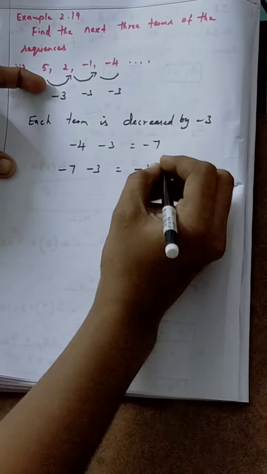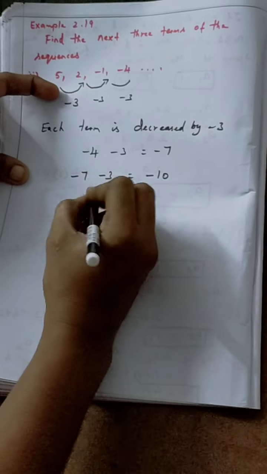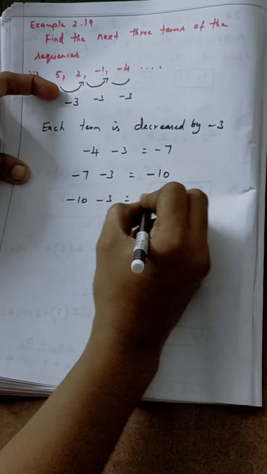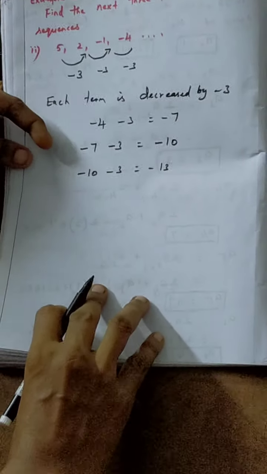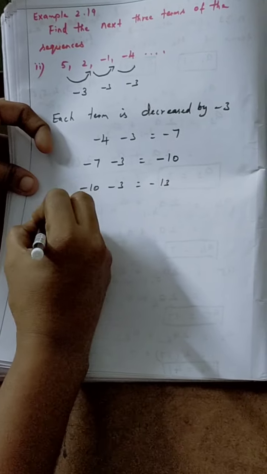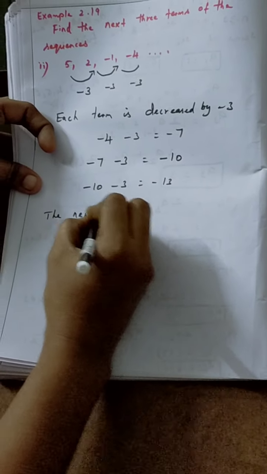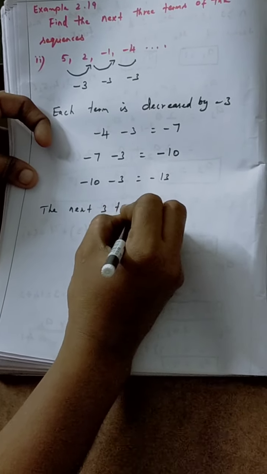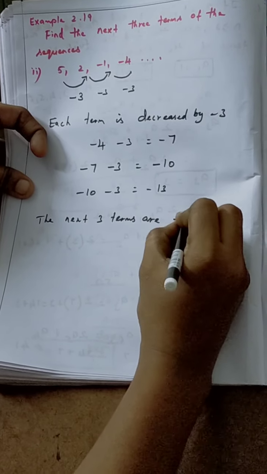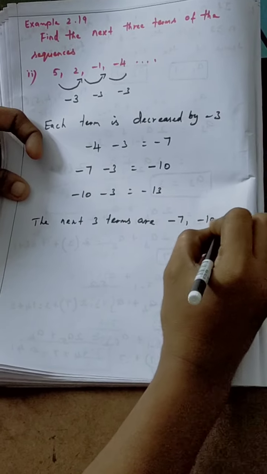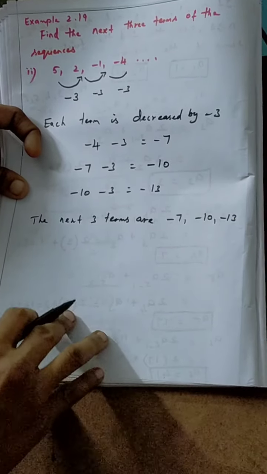Sign is minus 10. The next one, minus 10 minus 3 equals 13, and the sign is the same sign only, so minus 13. So write down, the next 3 terms are: minus 7, comma, minus 10, comma, minus 13.